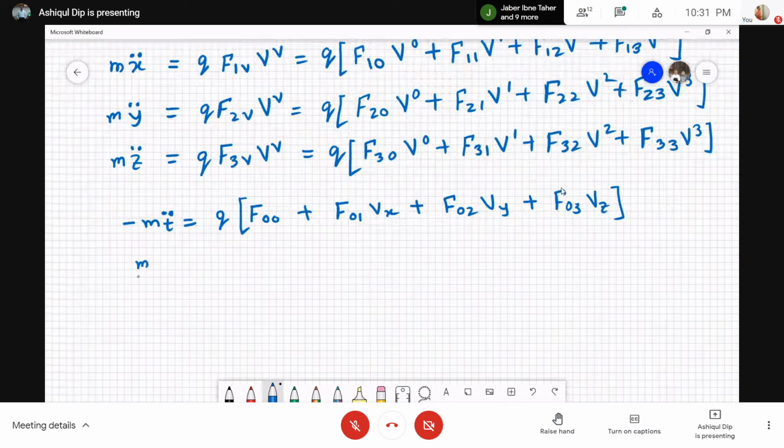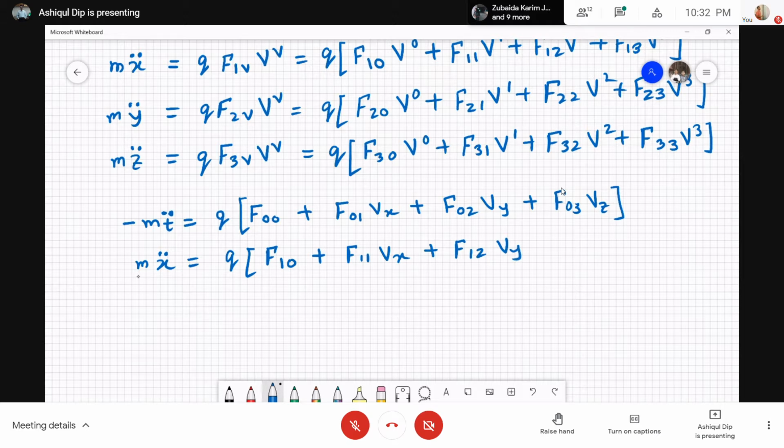So okay, m x double dot then is q f10 plus f11 vx plus f12 vy plus f13 vz.